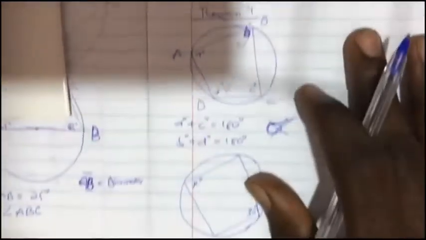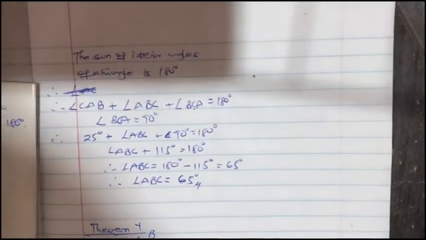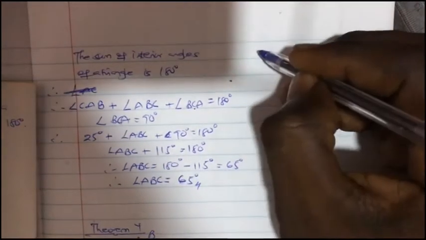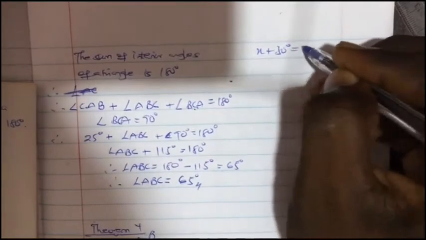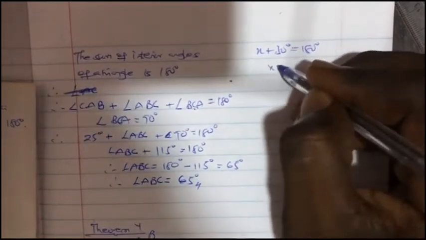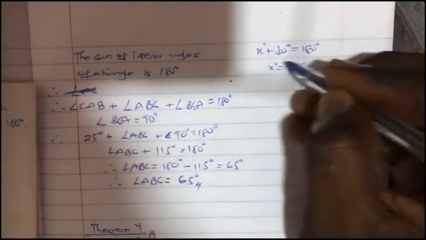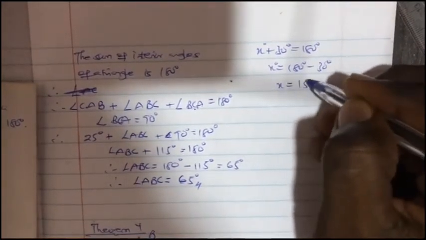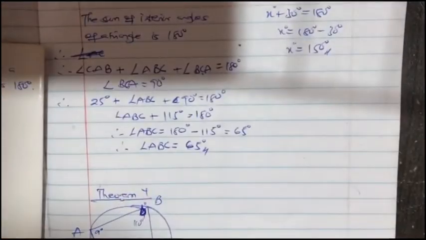For a cyclic quadrilateral, the sum of the opposite angles is 180 degrees. Therefore x plus 30 degrees must be equal to 180 degrees. What then is x? x is just 180 degrees minus 30 degrees, and that's 150 degrees. That's the final answer.